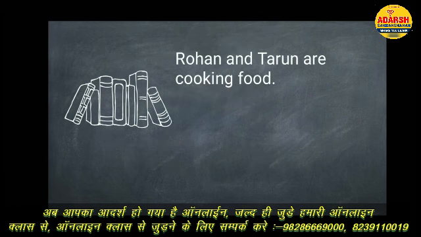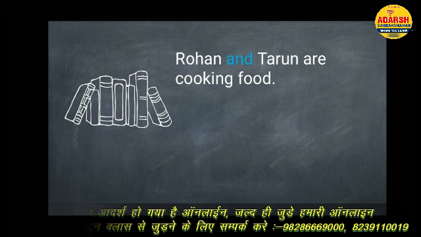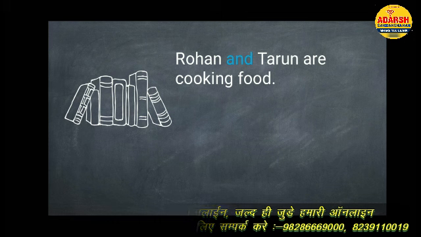Rohan and Tarun are cooking food. Here, and is a conjunction because it is connecting two sentences, which may be Rohan is cooking food and Tarun is cooking food. So it connects both sentences into one, which is now Rohan and Tarun are cooking food. Let's look at another example.